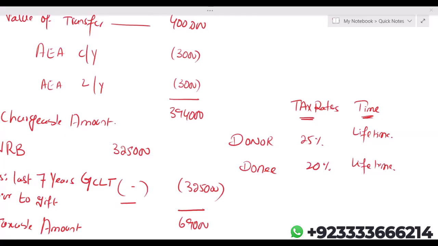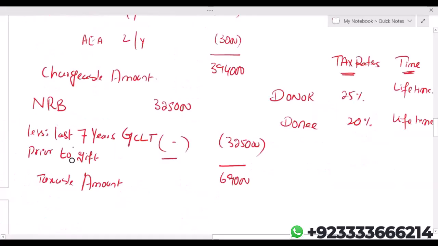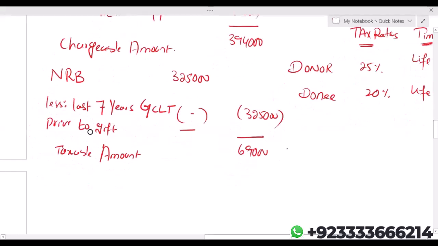Nil rate band applicable for 7 years, any amount. I think I've mentioned here, if you please check. Last 7 years, gross CLT prior to gift. Prior to gift. Okay, now nothing is mentioned who pays tax? Donor.